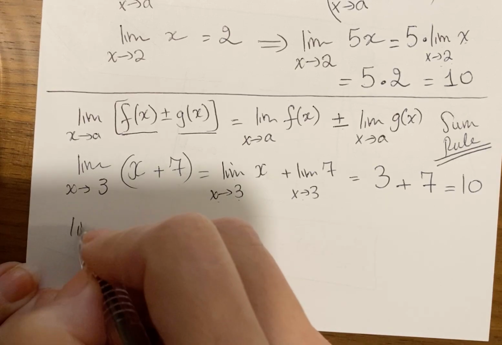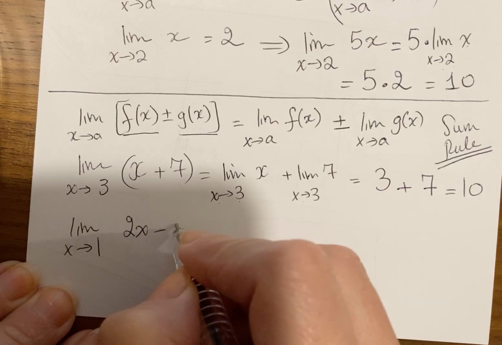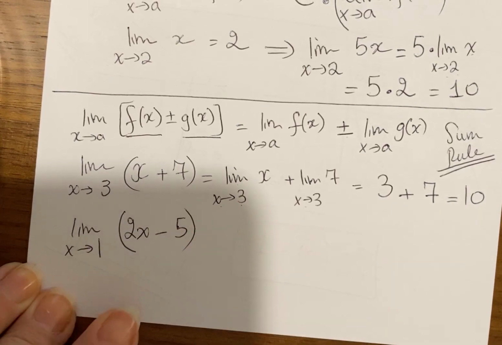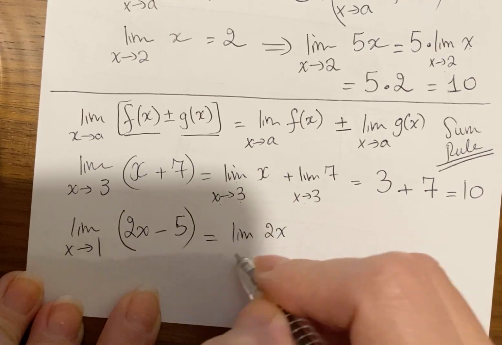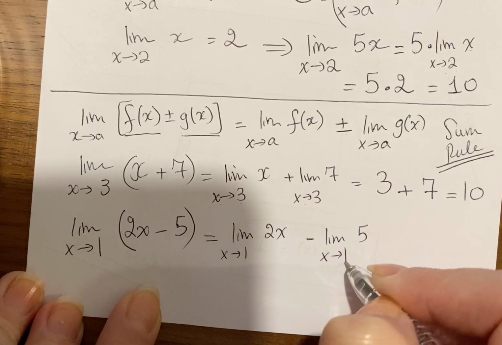Yes. Another example, the limit as x approaches 1 of 2x minus 5. What will that be? It will be the limit of the first function minus the limit of the second function.